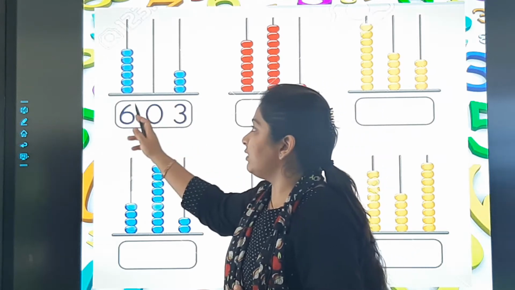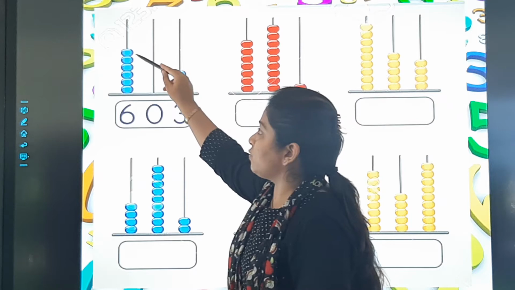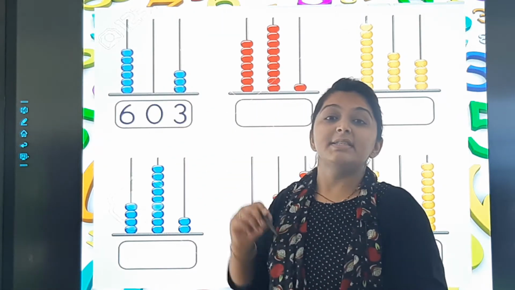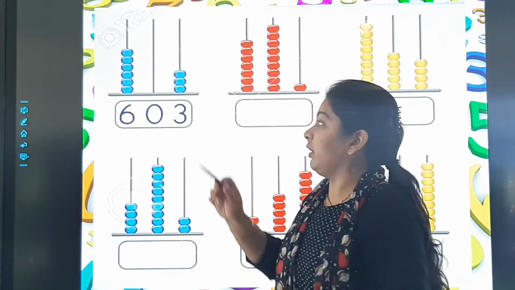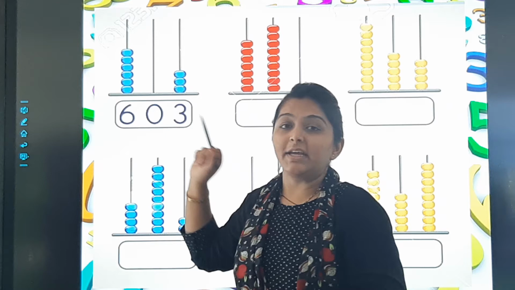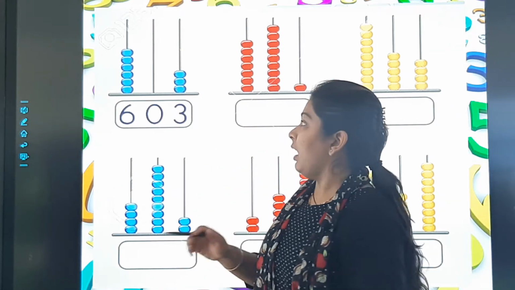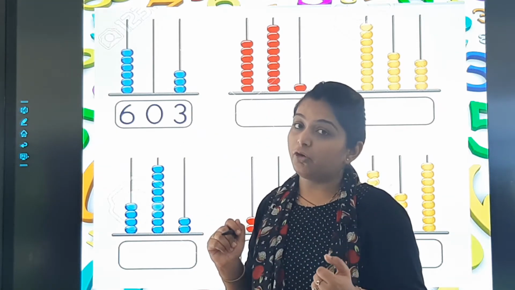See here in the first one, just count the number of beads, that is 1, 2, 3, 4, 5 and 6. 6 beads are there dear children. So at the hundreds place you will write number 6. Now in the tens place there is no bead. So what you will write?